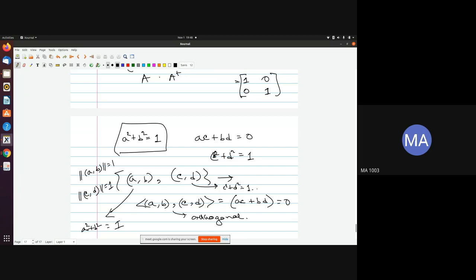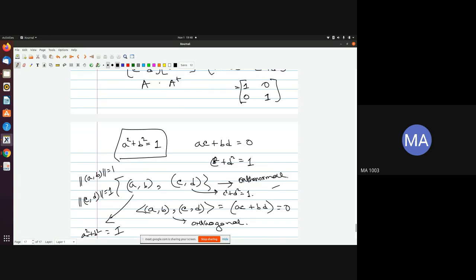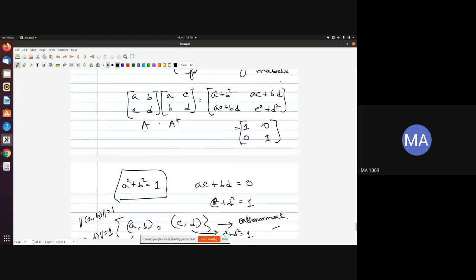So eventually these become orthonormal. Clear? So the row vectors of an orthogonal matrix form an orthonormal basis for the row space. Is this statement clear?